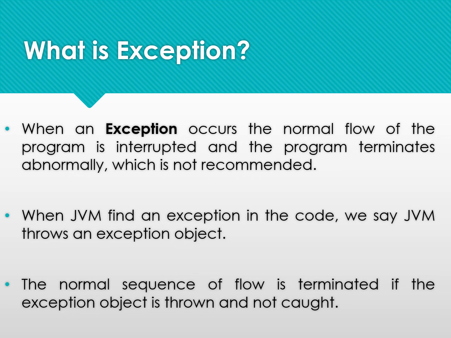When the Java Virtual Machine finds an exception in the code, we say the JVM throws an exception object. That is what happened before this. Whenever there is an exception or error, the program will be terminated, and you can see all the messages in the output section. The normal sequence of flow is terminated if the exception object is thrown and not caught.